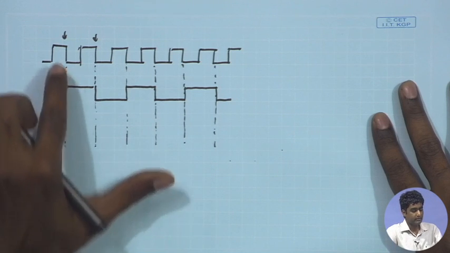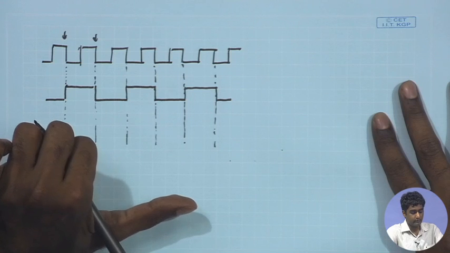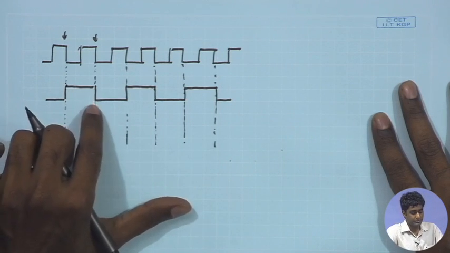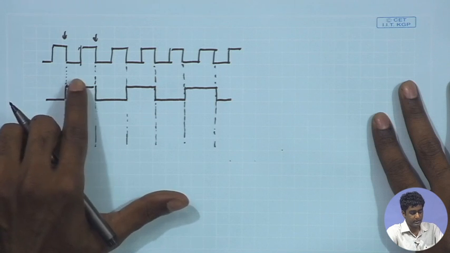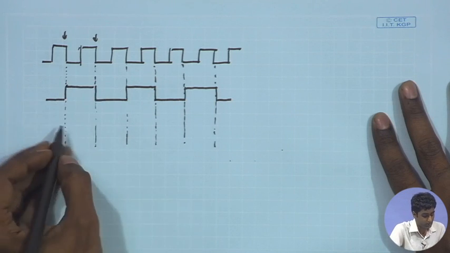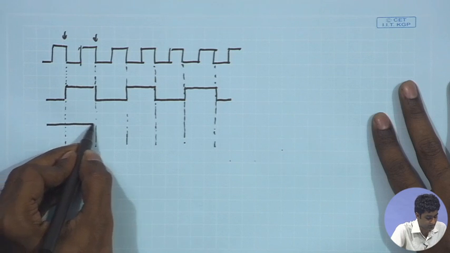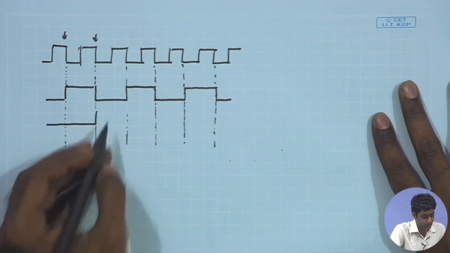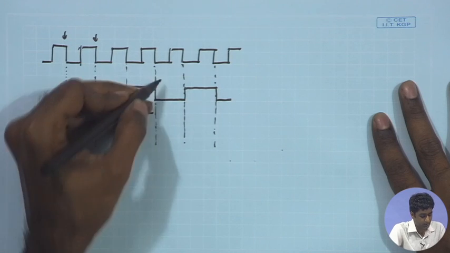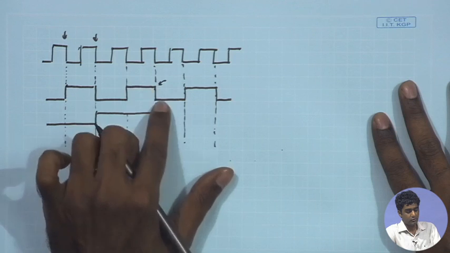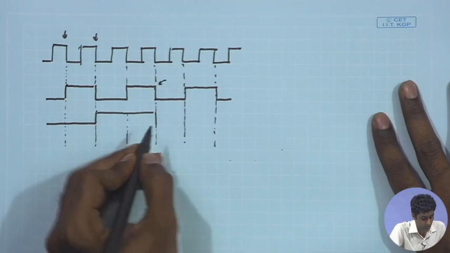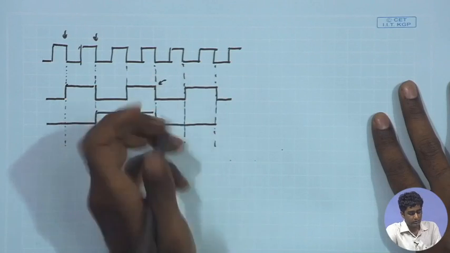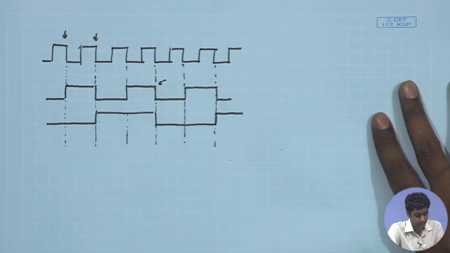And likewise, we have the second flip flop, that is the second LSB, that should be once again transitioning when the first LSB is making a high to low transition. So, if we look at the expected behavior of the second LSB, it should be going high over here, and then once again when the next high to low transition in the LSB is happening, it should be going down and so on, once again going up when there is a high to low transition in the first LSB.